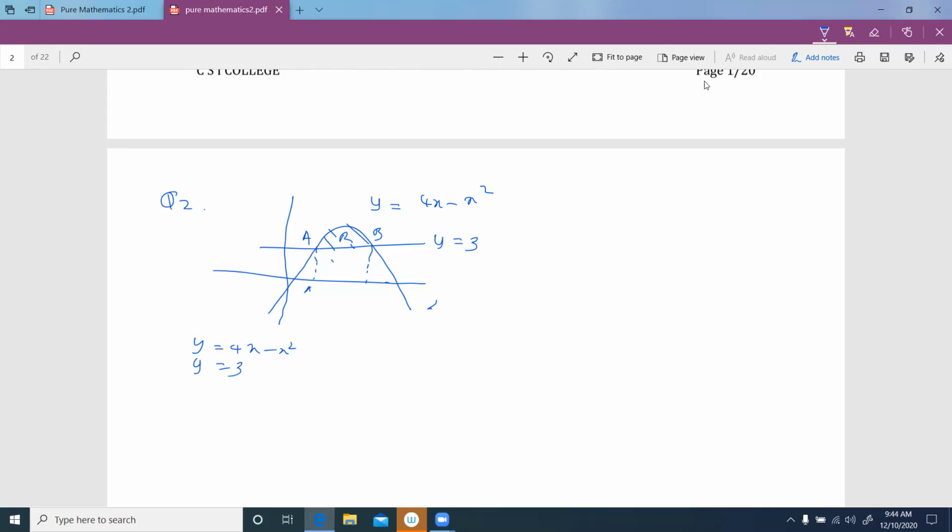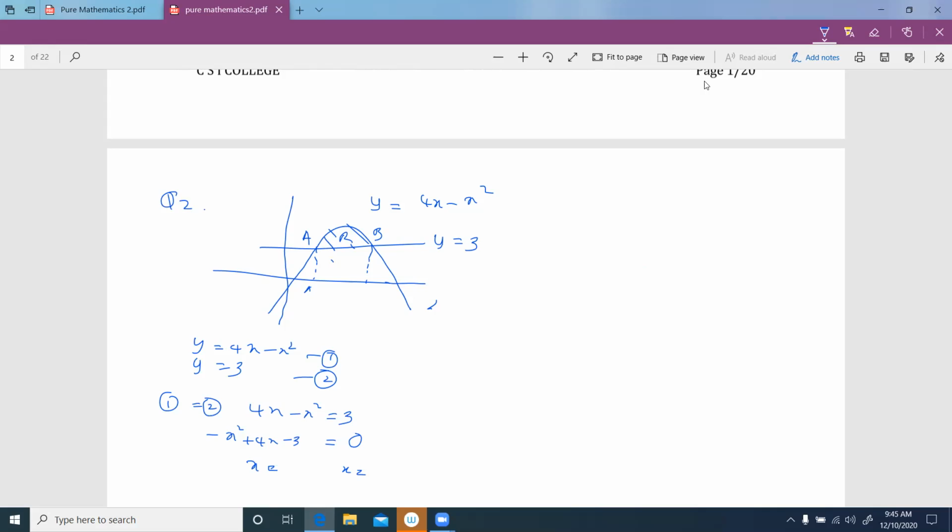Say this is 1 and this is 2. Since this is y and y, you can equate 1 and 2. So you can write 4x minus x squared equals 3. If you bring all the terms to one side, minus x squared plus 4x minus 3 equals 0.